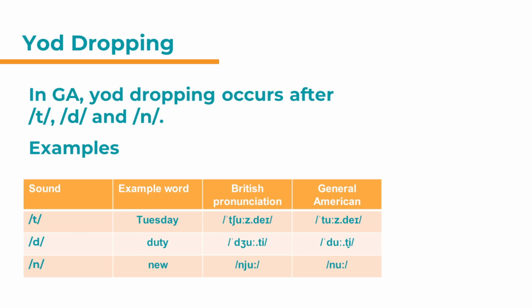So if you have a look again at this table, the column on the right hand side where it says General American pronunciation is the one where you can find Yod dropping. Tuesday, duty, new.